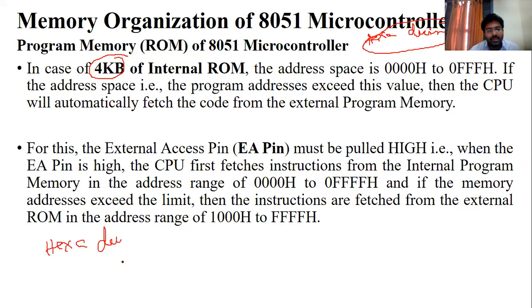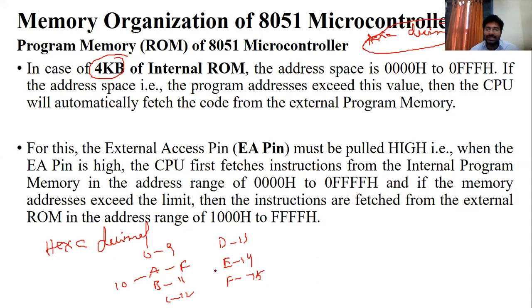Hexadecimal means the numbers 0 to 9, then A to F. A means 10 in our language, B is 11, C is 12, D is 13, E is 14, F is 15. So 16 numbers are available in the hexadecimal format, 0 to 9 and A to F.